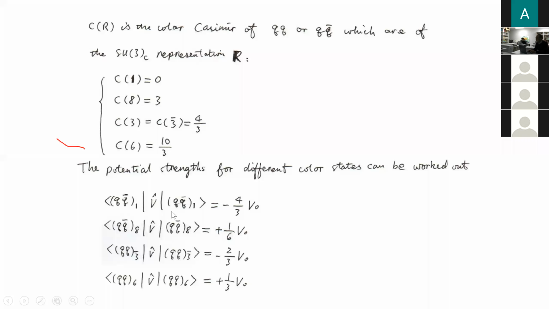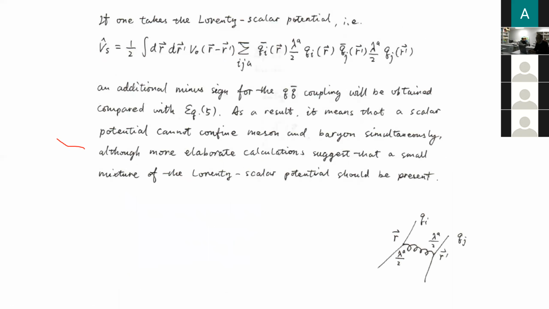You can see for the color singlet part that the contributing part actually is attractive. When you have the octet, you actually have a repulsive one. You have another attractive interaction, 3 bar goes to 3, that also gives you an attractive interaction. So we have both attractive and repulsive in such a scenario.